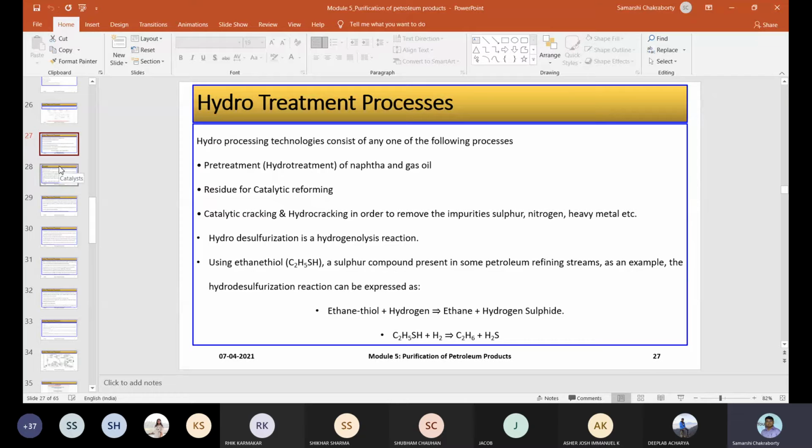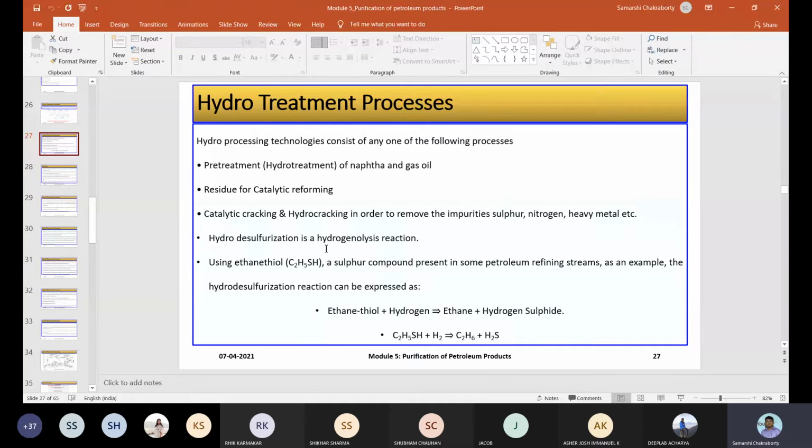This hydrotreating slide says hydroprocessing technologies consist of one or more of the following: pre-treatment or hydrotreatment of naphtha, gas oil and residue for catalytic reforming, catalytic cracking and hydrocracking, in order to remove impurities like sulfur, nitrogen and heavy metals.